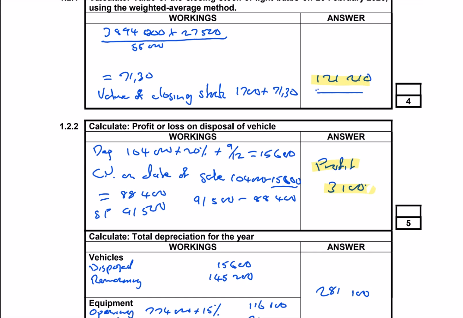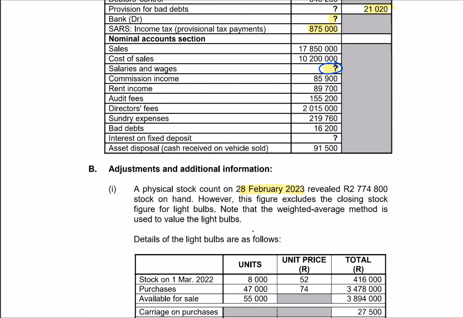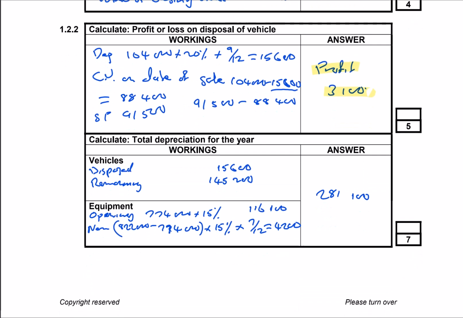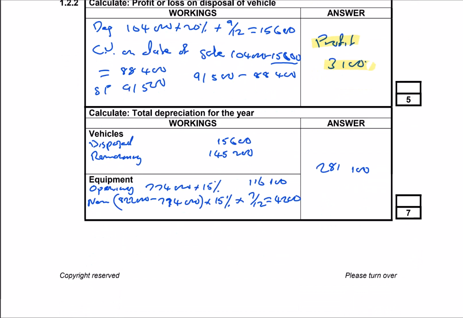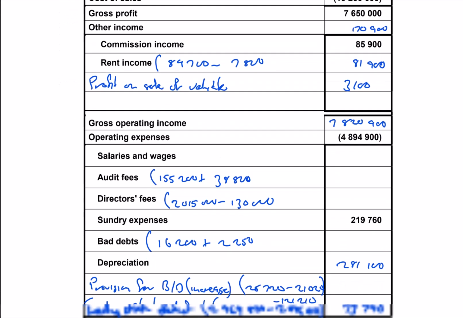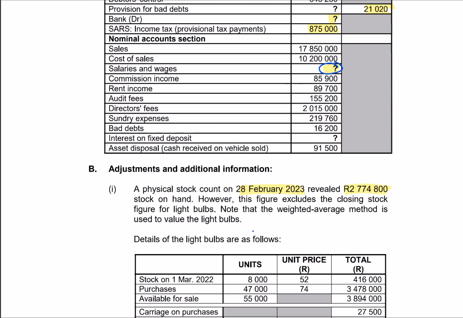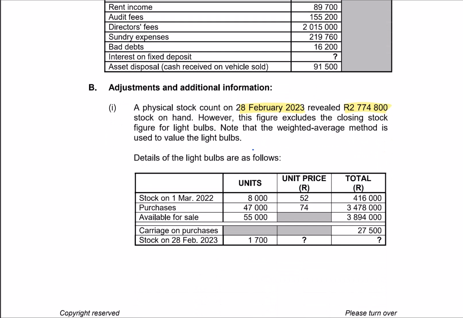Because remember they said this excludes the value of the bulbs, so we need to add the value of the bulbs there, right? So that's all about expenses. Let's see if there's another expense. Bad debts, sundry expenses, rent, stock deficit, depreciation. I think that's all.